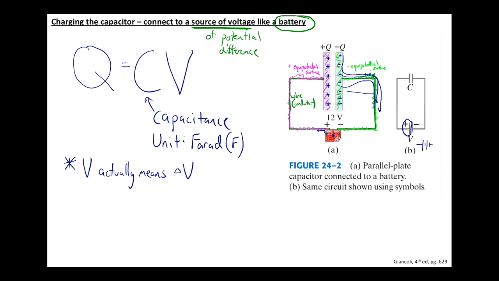So just keep in mind that it means a difference in potential, and specifically it's talking about the potential difference between the two plates of the capacitor.